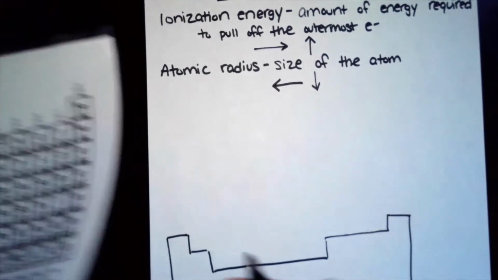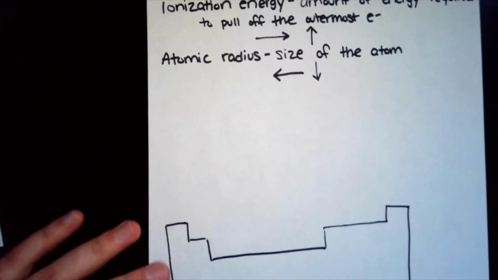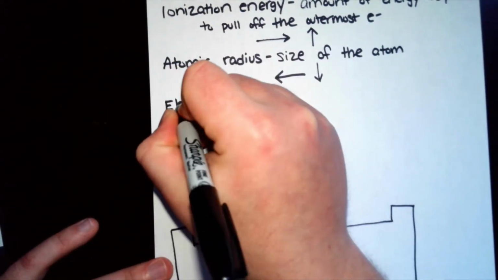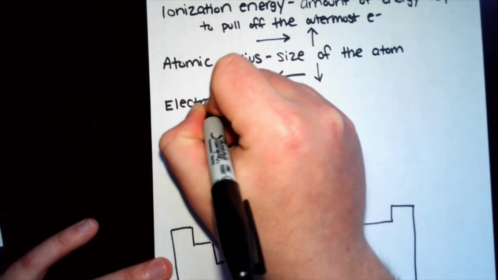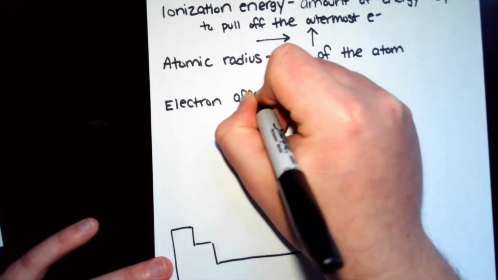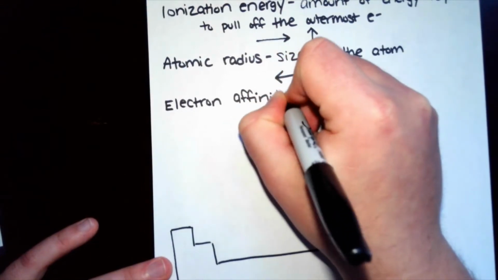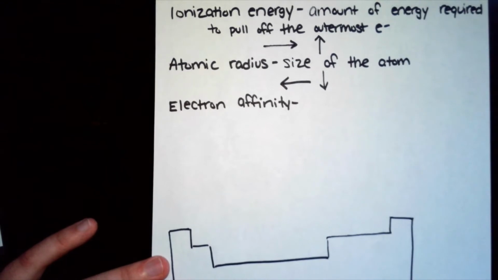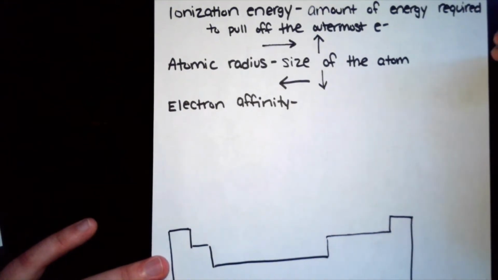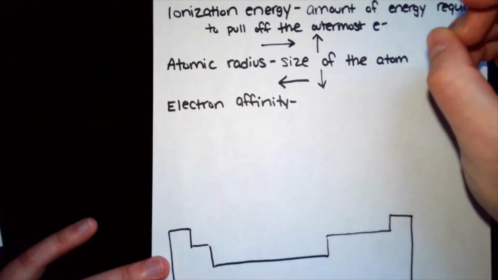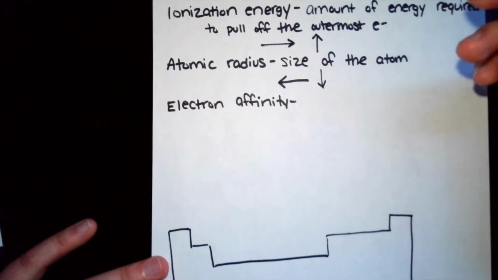Next, I want to talk about electron affinity. So the electron affinity is effectively the exact opposite of ionization energy. So the ionization energy is the amount of energy required to pull off the outermost electron to form a positive ion.